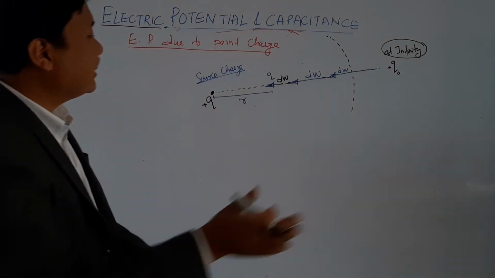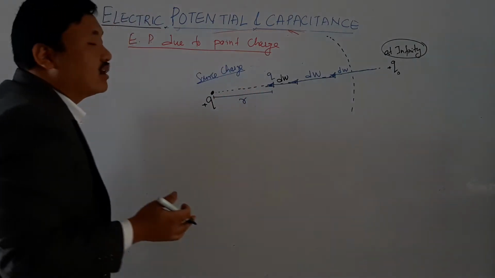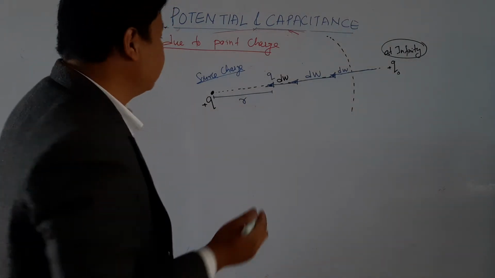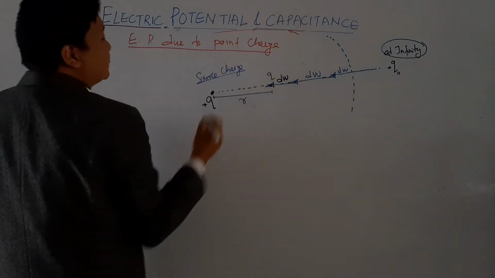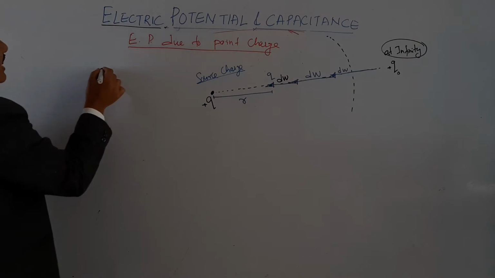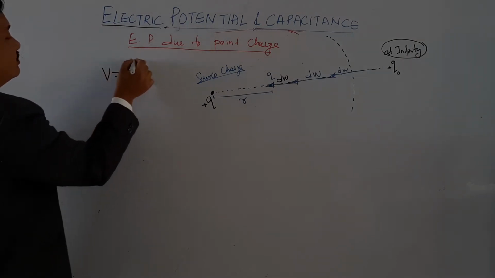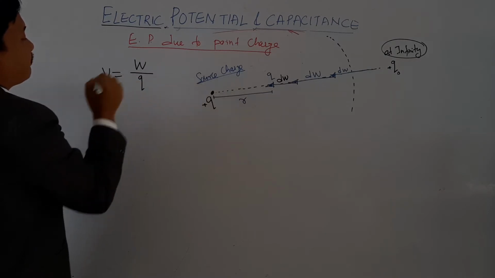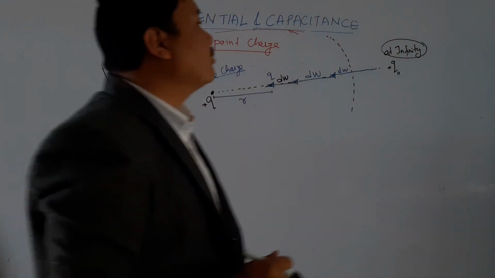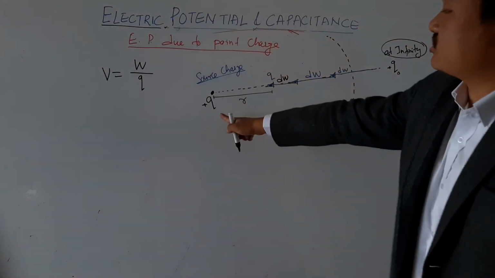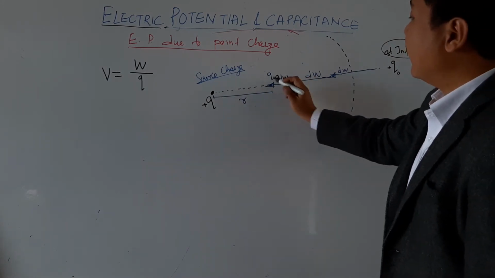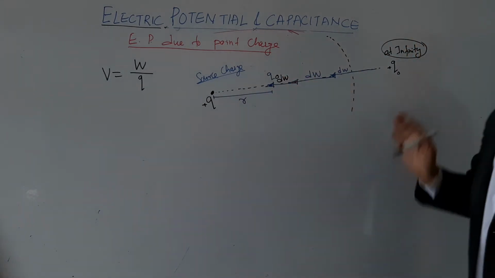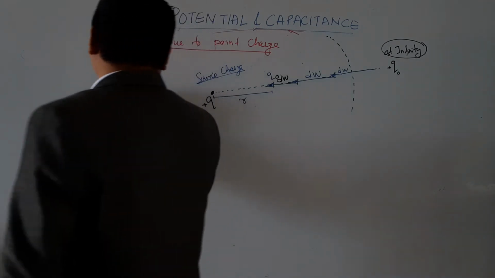By definition, what is the formula of electric potential? V is equal to work done divided by charge. I am doing work to bring which charge? I am bringing Q0, so I have to write Q0 here.